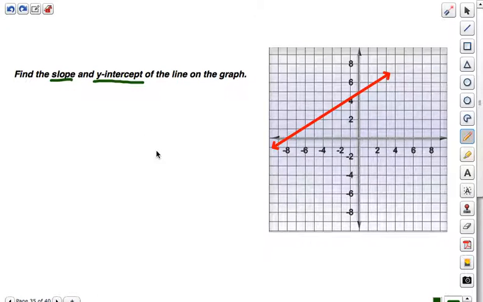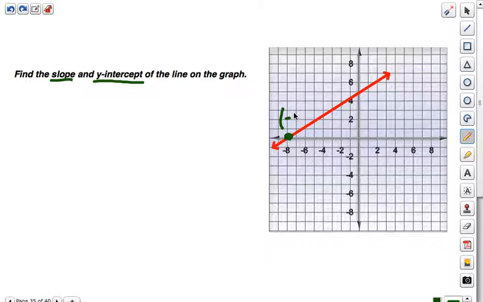They can be any point. So let's go ahead and I'll take this one here. I always take the ones that are right where the grids cross because I know that is going to be an accurate one. I'm not going to try to guess with a fraction or decimal.